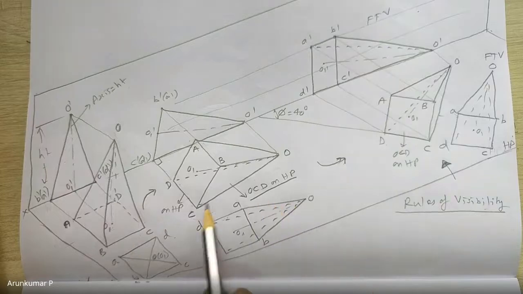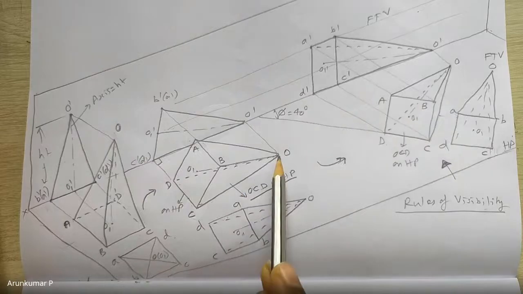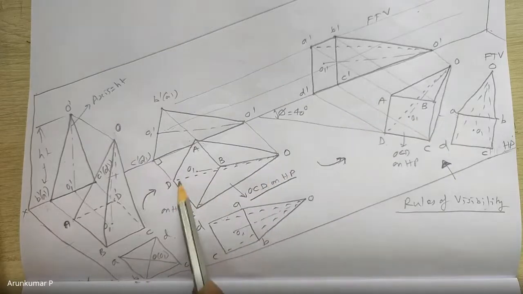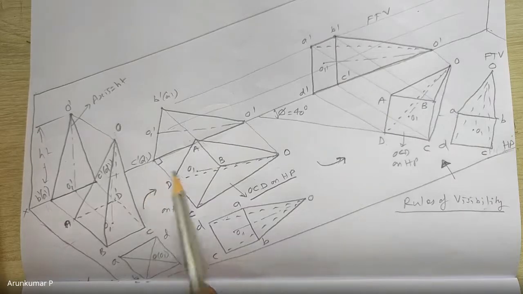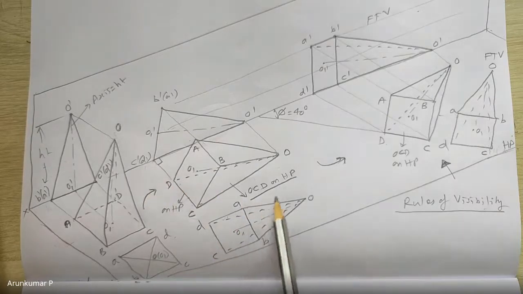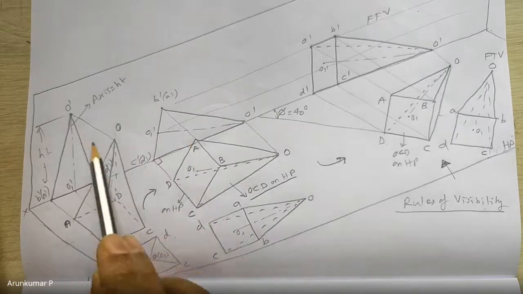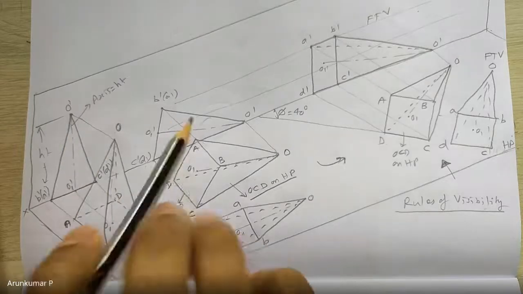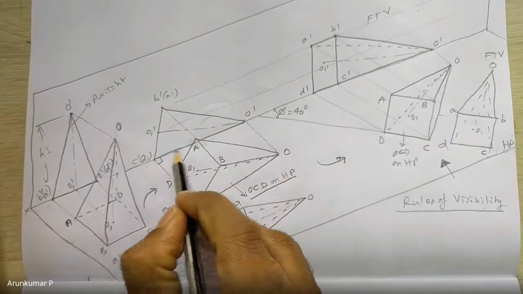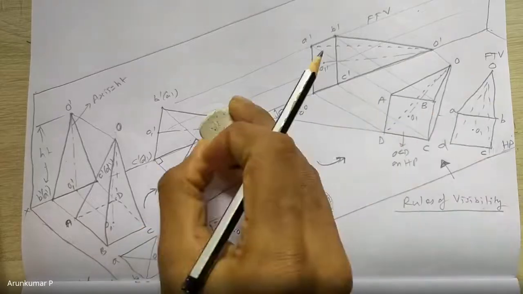In the second step, depending on the statement of the problem, in this case, a triangular face is on HP, OCD. So O dash, C dash, D dash is on XY line. So in the top view, you will be seeing the triangular face OAB. Along with that, you will be seeing the base ABCD also. In the front view, it is the same. The first step triangle that you got, that front view is to be inclined in such a way that this O dash, C dash, D dash is on XY line.